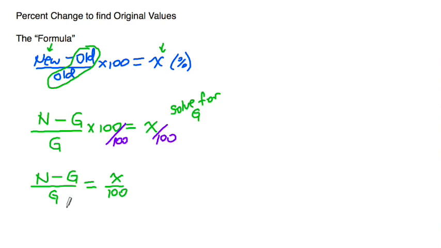If we're worried about the bottom, then the bottom here is this G. So I'm going to multiply both sides by G. Over here they're going to cancel, and you're left with the numerator, which is n minus G. And that's now going to equal x over 100 times G. And there's nothing we can do with that because it's two letters and one number.